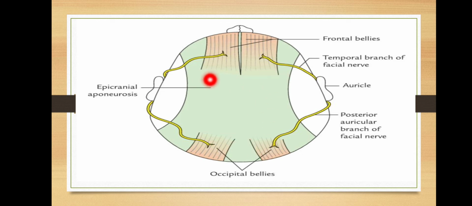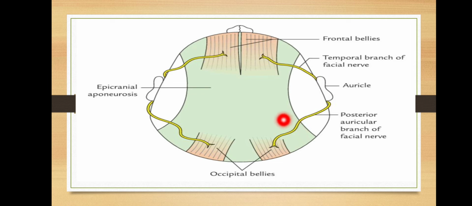So there are two nerves supplying the frontal bellies and the occipital bellies. What are the nerves? Temporal branch of facial nerve will supply the frontal bellies, and posterior auricular branch of facial nerve will supply the occipital bellies.